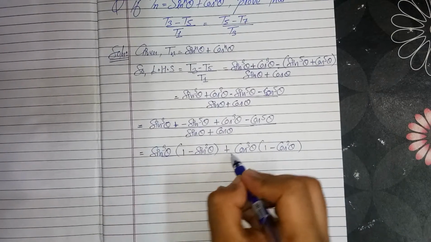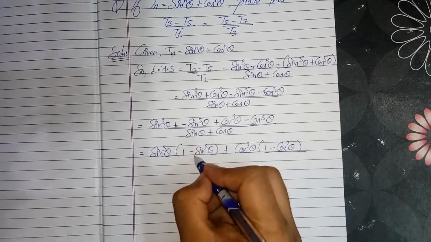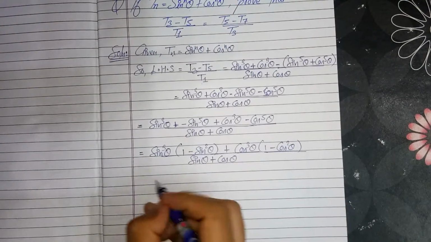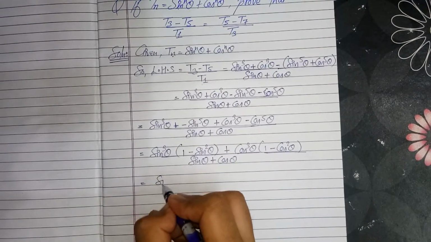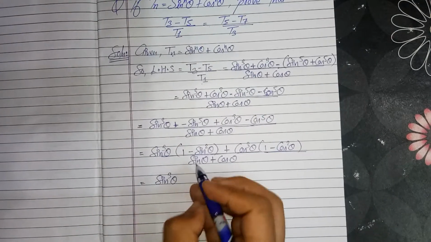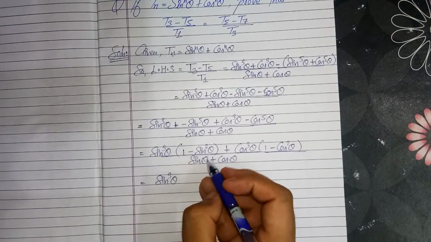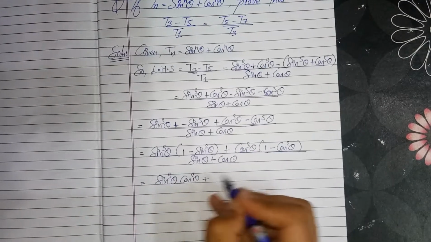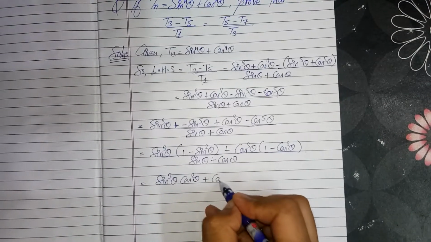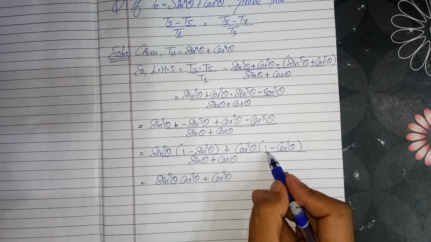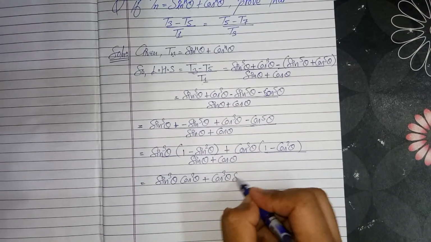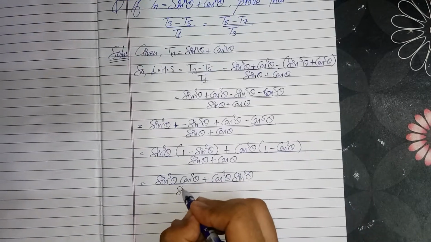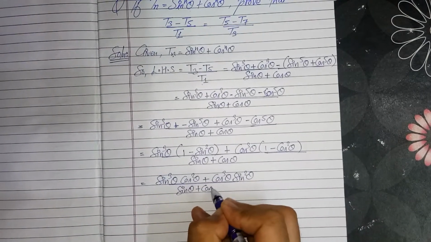Now in the denominator portion we have sin theta plus cos theta. Now if we see here, this is sin cube theta, and this 1 minus sin square theta is simply cos square theta, plus this is cos cube theta, and this 1 minus cos square theta is equal to sin square theta, whole divided by sin theta plus cos theta.